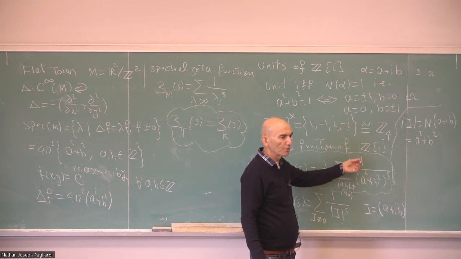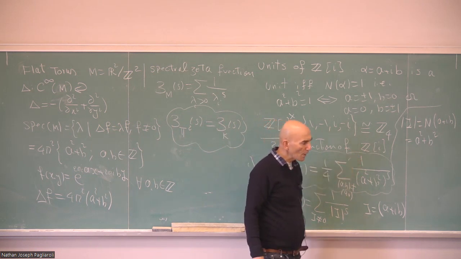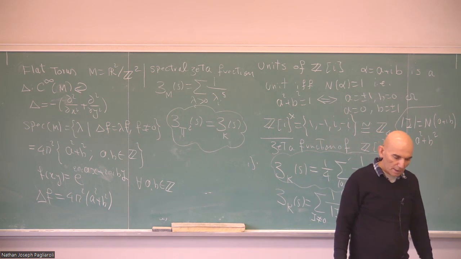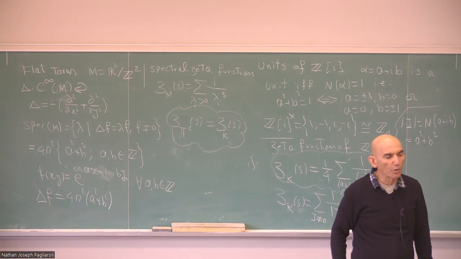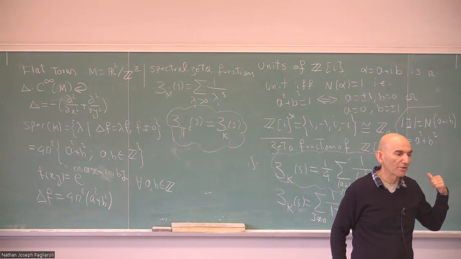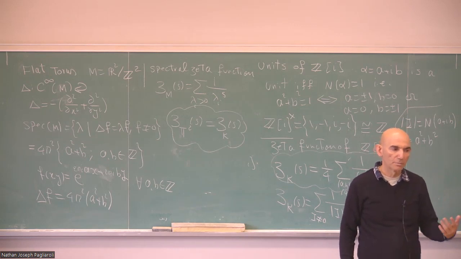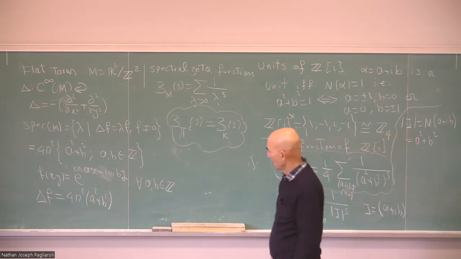But for the 3-torus, they start at 3 over 2, 1.5. They have a pole at 1.5. But these guys will be regular at 1.5, so they can't be. Yeah. There are a lot of differences.